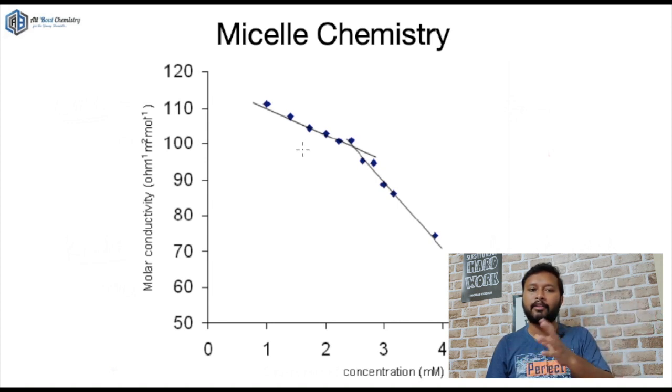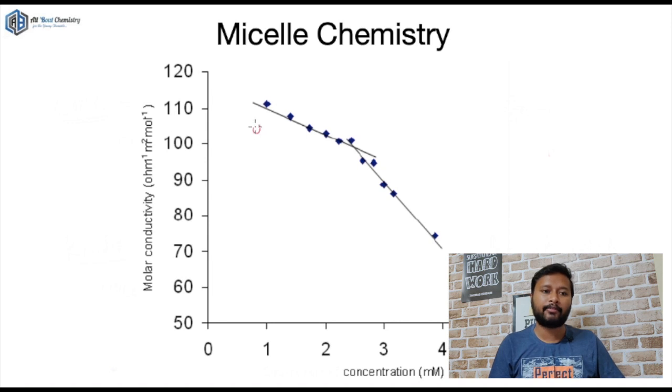They are being used in some other way, that means they are being used to form the micelle, right? So when the concentration is increasing, molar conductivity is decreasing. Why? Because in the starting you have free ions, and those are available for the conductivity. But as soon as you reach this CMC, this point is your critical micellar concentration.